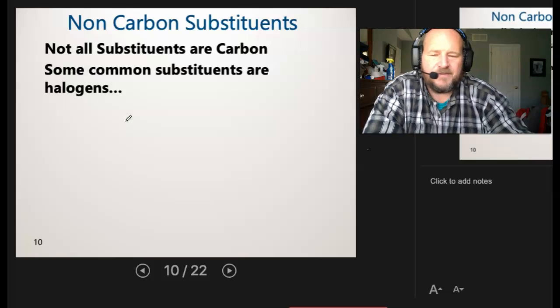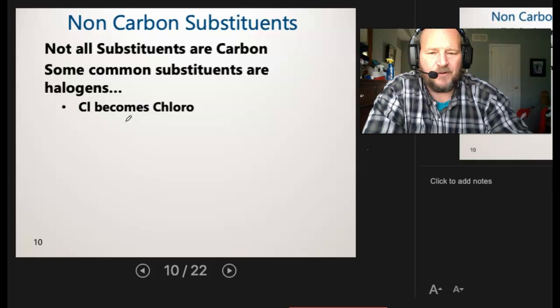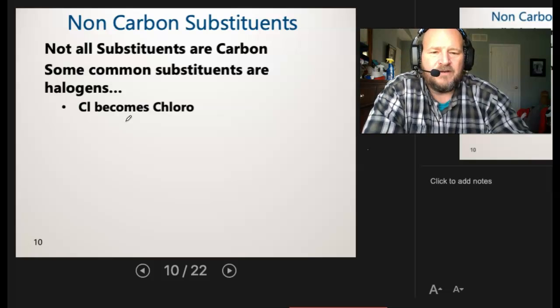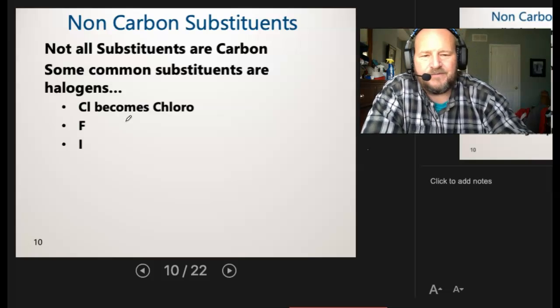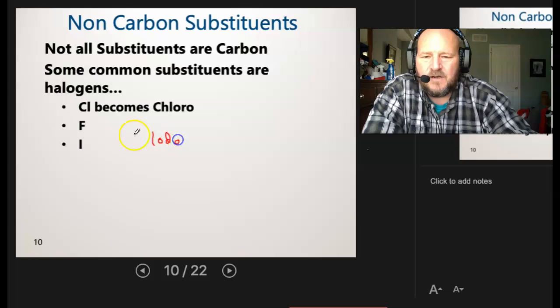In organic chemistry, things sound, I don't want to say pleasant almost, but kind of flowery. So for instance, chlorine becomes chloro. Fluorine will become fluoro. And of course, my personal favorite, the reason why I come to work, iodine becomes iodo. Get it? Iodo. But seriously, that's iodo. So iodo, and then of course fluoro.